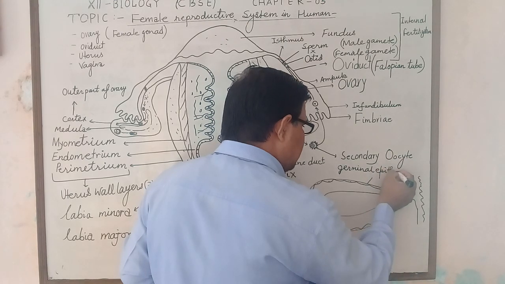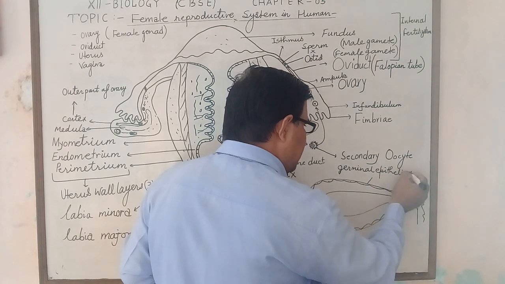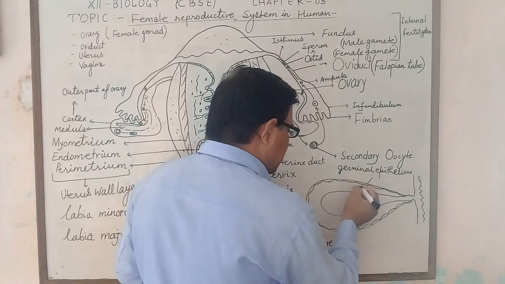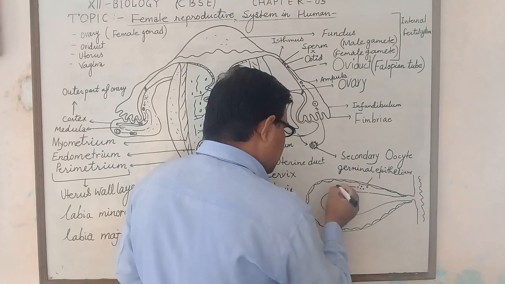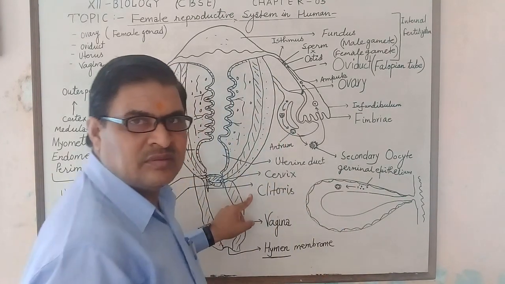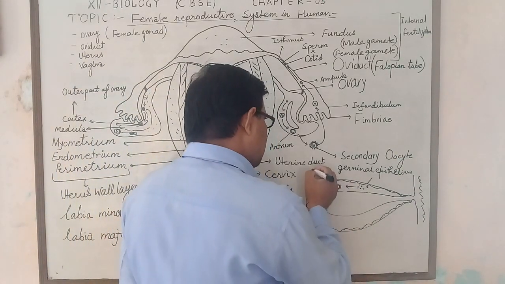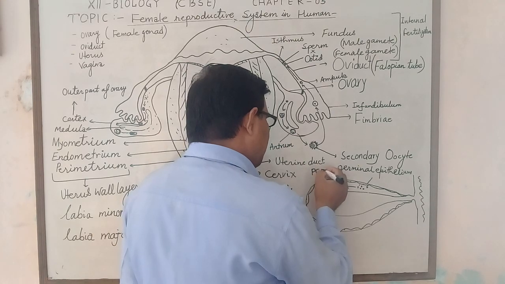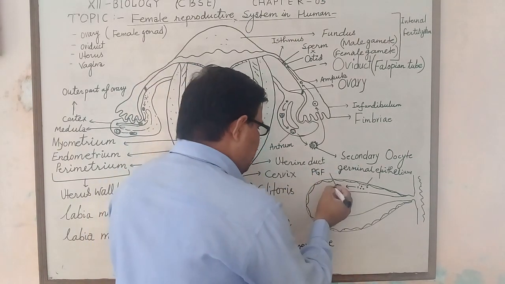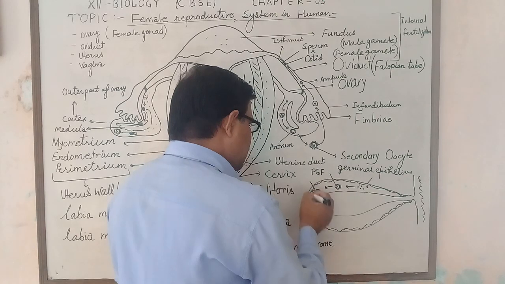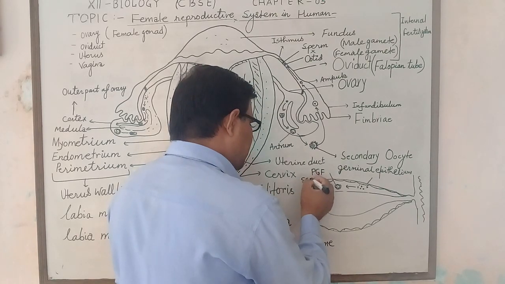The germinal epithelium generally produces the Graafian nest. This Graafian nest becomes enlarged as primary Graafian follicle, or in abbreviation PGF, and when the primary Graafian follicle is surrounded by two membranes, it is called secondary Graafian follicle.